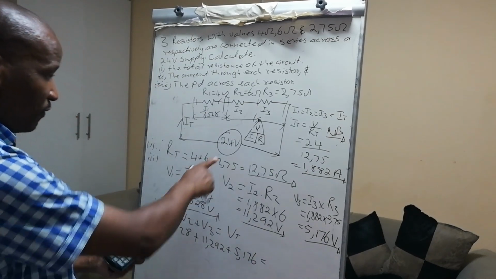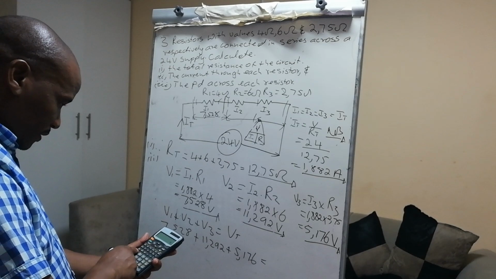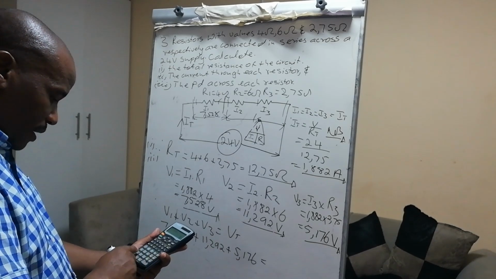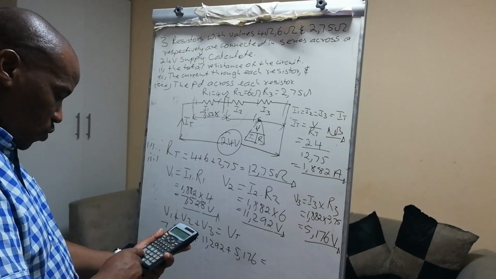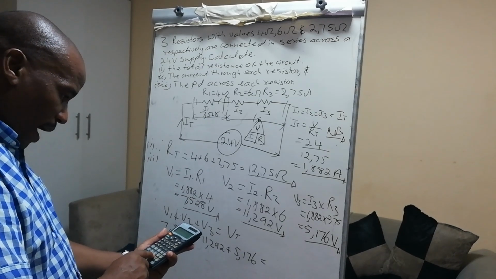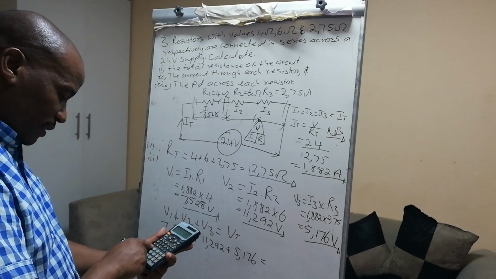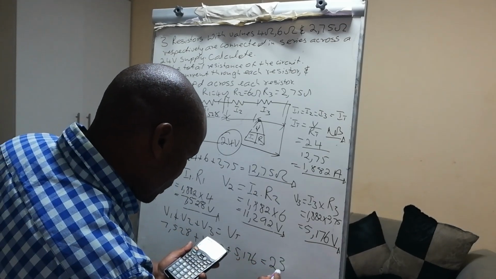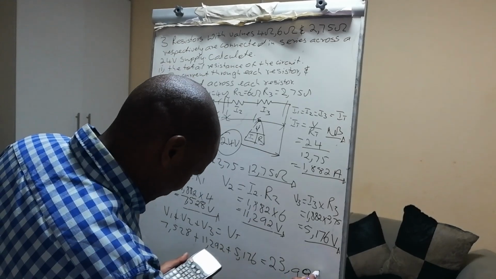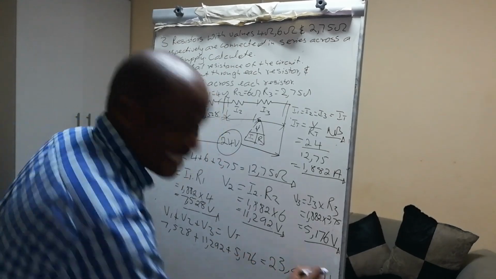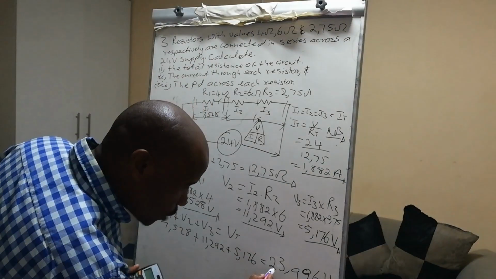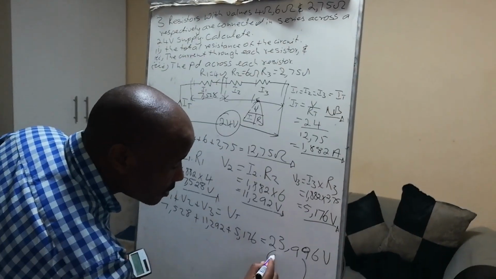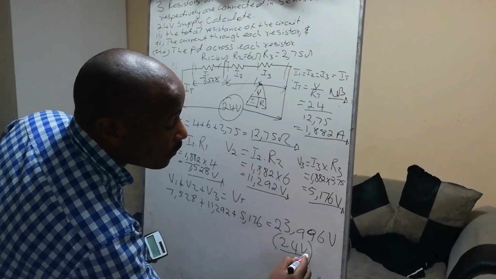This together should give us 24. 7.528 plus 11.292 plus 5.176 is equal to 23.996 volts. Take it from me, this 23.996 volts is the same as 24 volts.